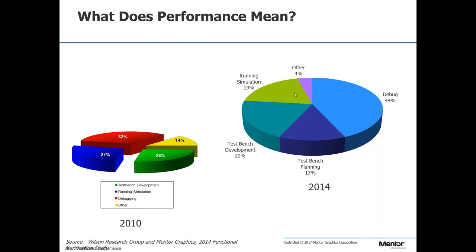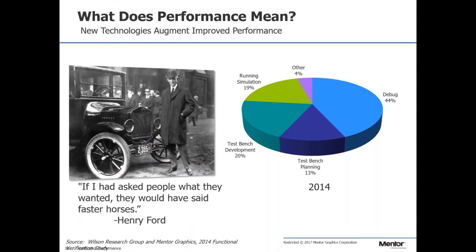So yes, making a faster simulation will mean you're waiting less time at the coffee machine for the simulation to run. But once you get into the debug, if we could make that more efficient, that's an even bigger benefit. So, paraphrasing Henry Ford, if I asked people what they wanted, they'd have said faster horses.